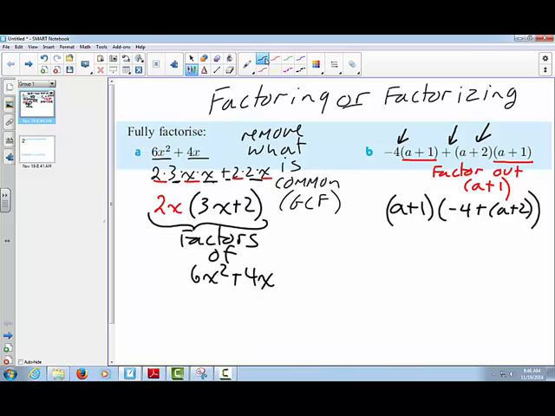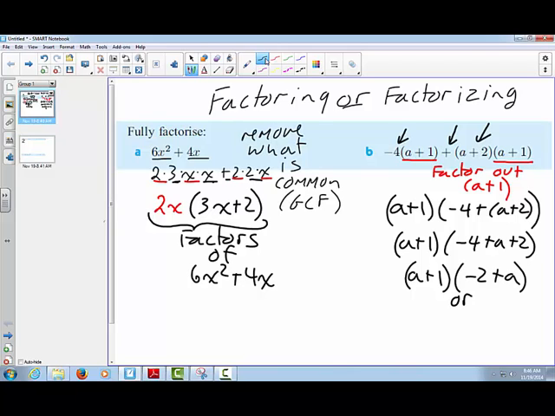Now, I'm not finished. I'm going to leave the a plus 1 alone and work what's in brackets on the other side. I have negative 4 plus a plus 2, so this simplifies to a plus 1 times negative 4 plus 2 is negative 2, plus a.